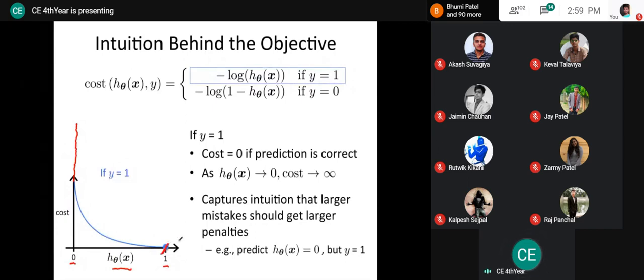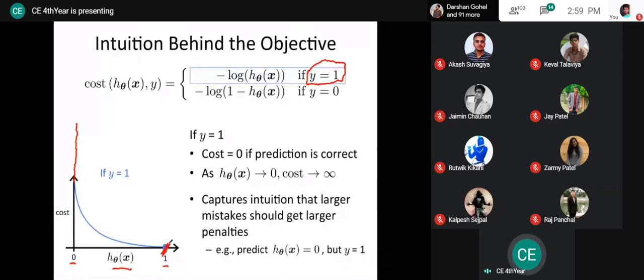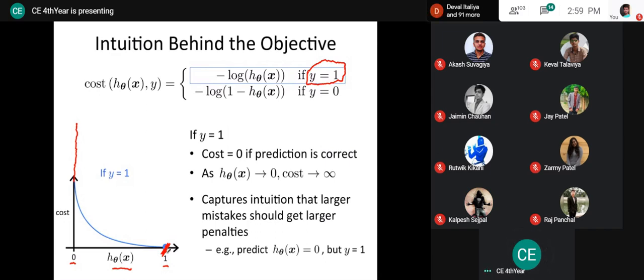Remember that this discussion is the cost for y equal to 1, or you can say the true class is 1. So at this point, y is equal to 1 and your prediction is also 1. So prediction equals the true value, and that's why we have the minimum cost, the zero cost.